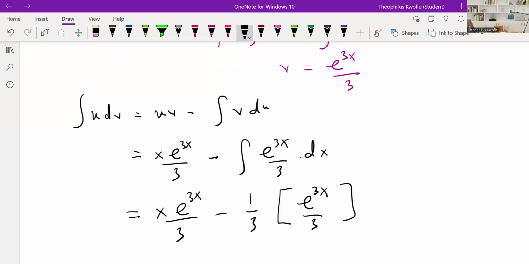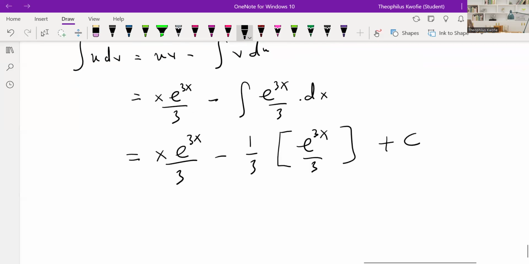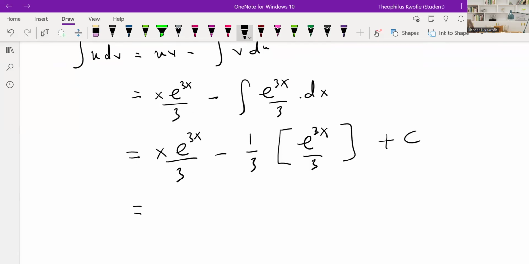Since it's an indefinite integral problem, we add an arbitrary constant c. Okay, good. So we have our solution to be this. Is that okay? I believe everybody's okay. Good.